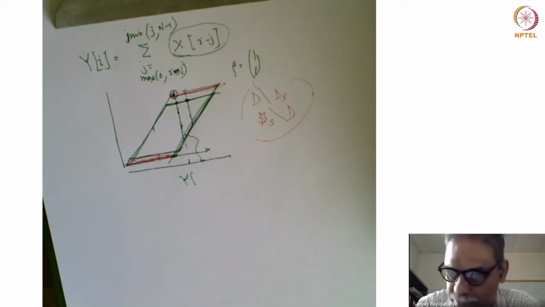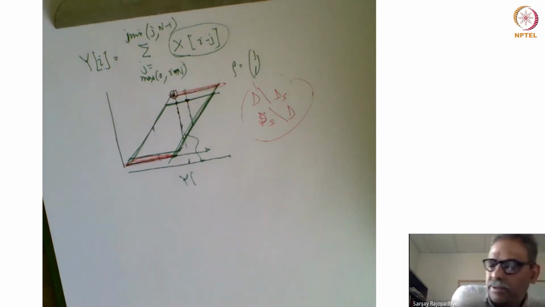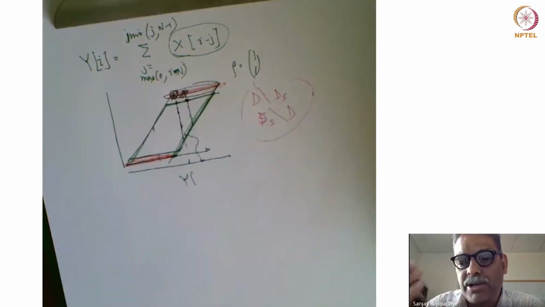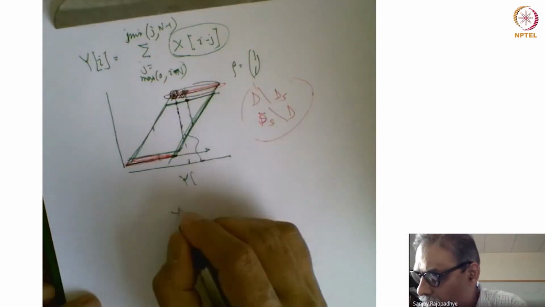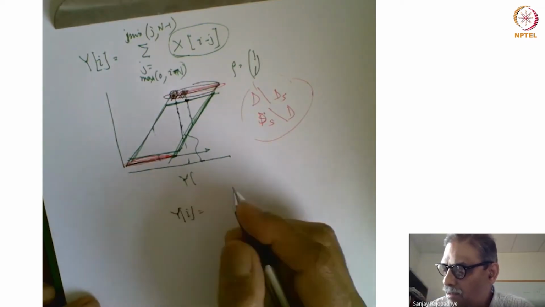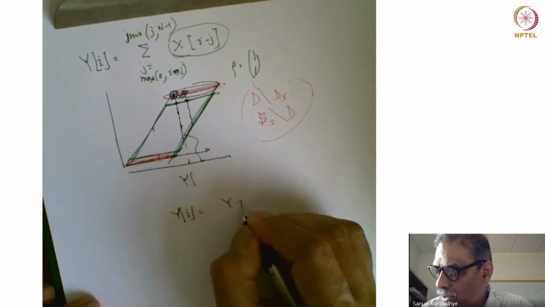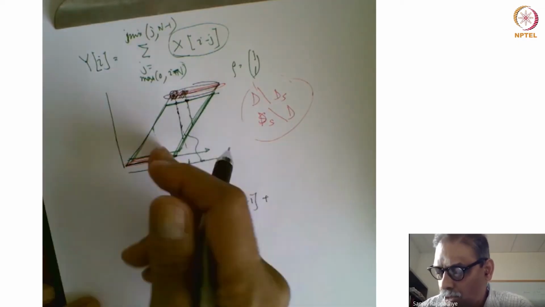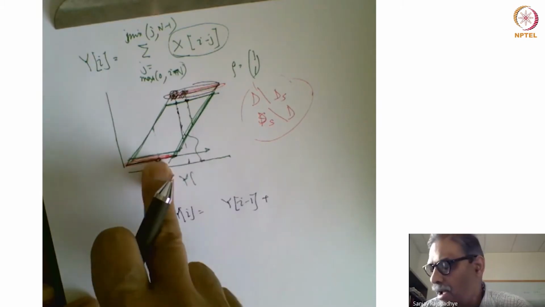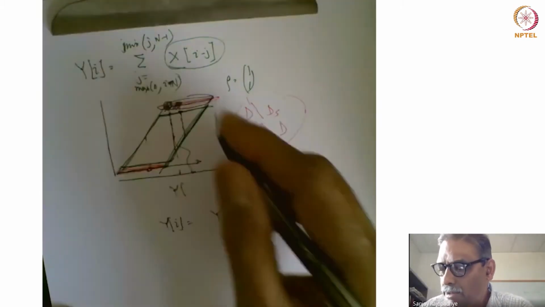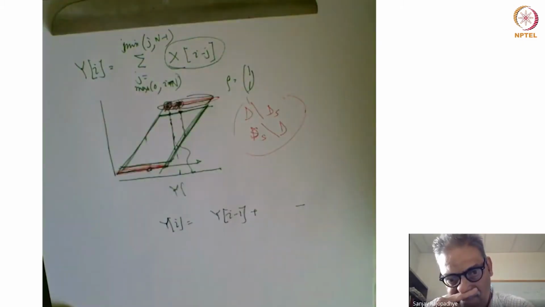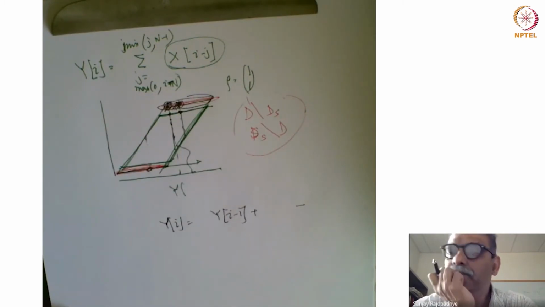Okay. So this is a new domain, which is a subtraction domain. So y of i is going to be y of i minus 1 plus one of the y terms from here and minus the y term from over here, right? Agreed?